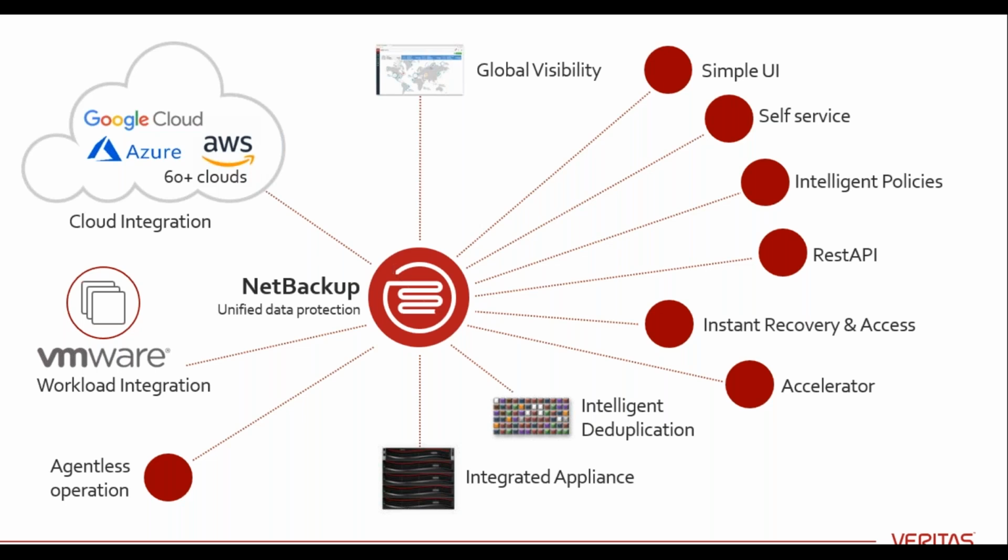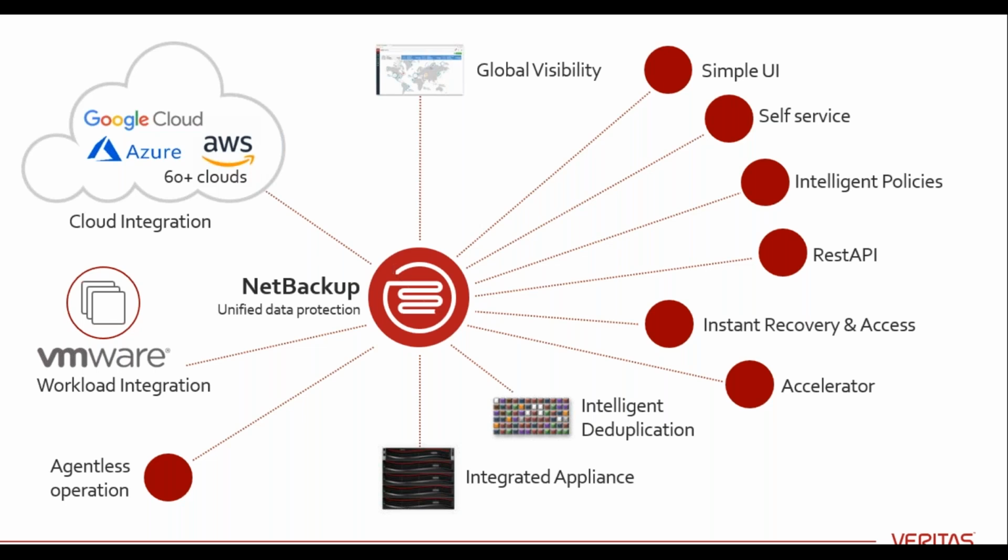Accelerator is another feature, and it's a way to essentially eliminate full backups. So once you implement Accelerator, you're going to be in an incremental forever mode. But because of post-processing to synthesize a full backup image based on previous backups, there's really no trade-off in terms of recovery times.